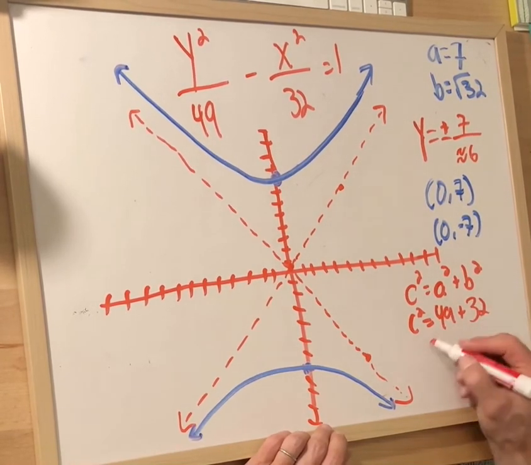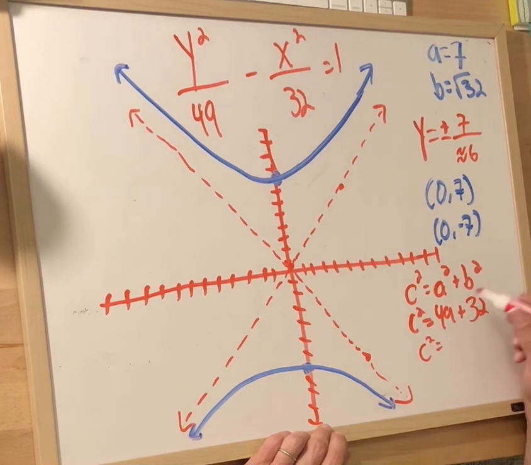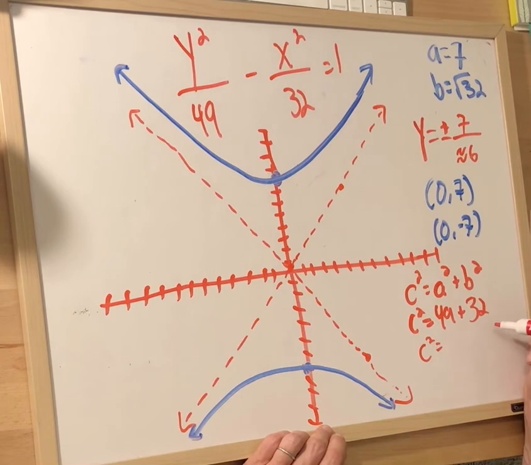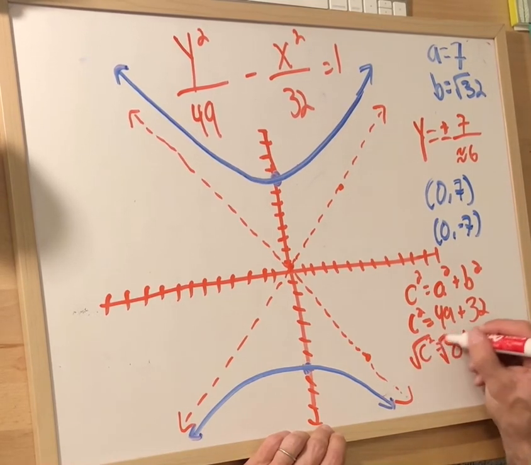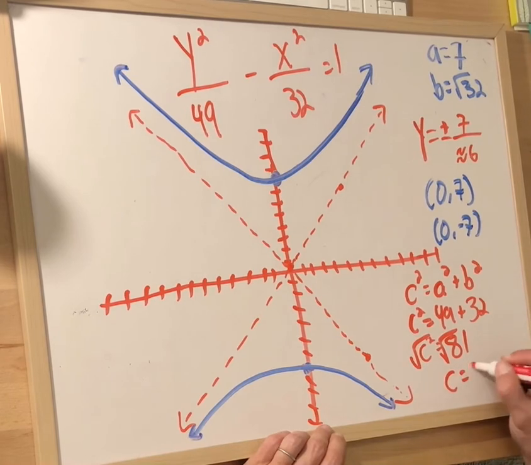So c squared equals 49 plus 32, which is 81. Square root both sides. So c equals 9.